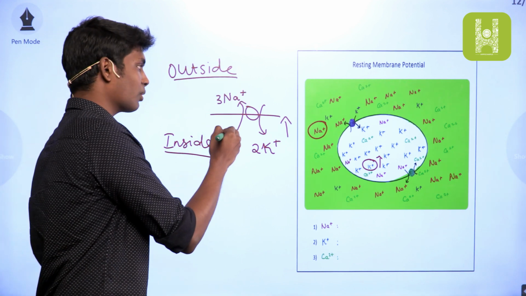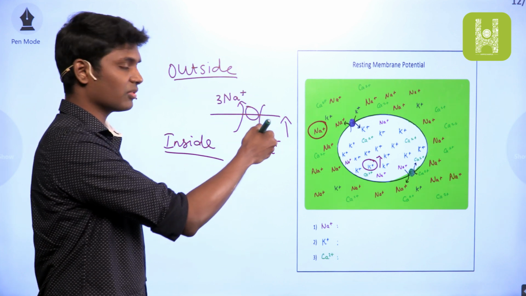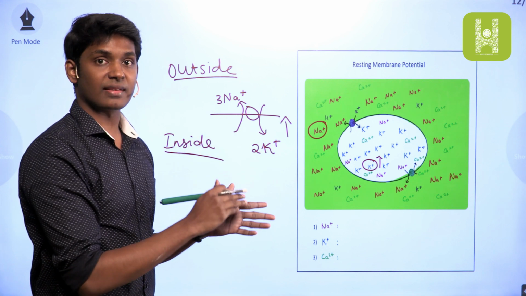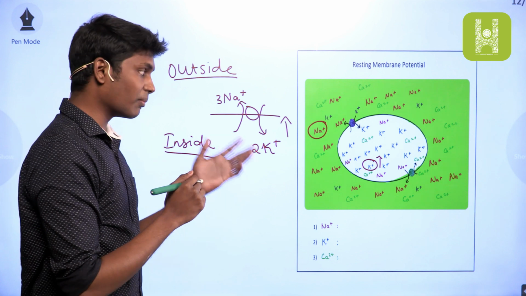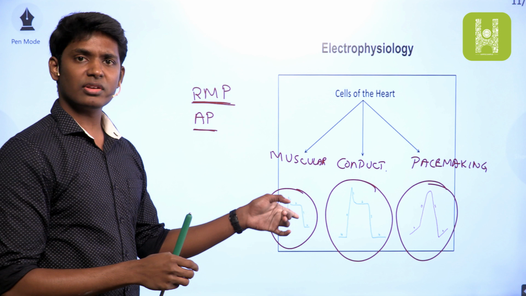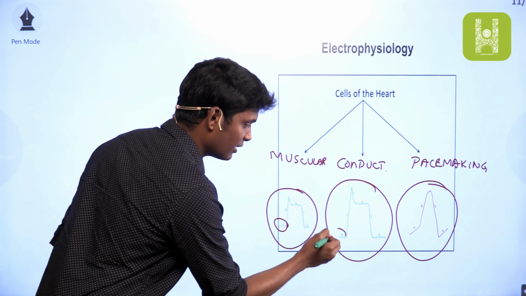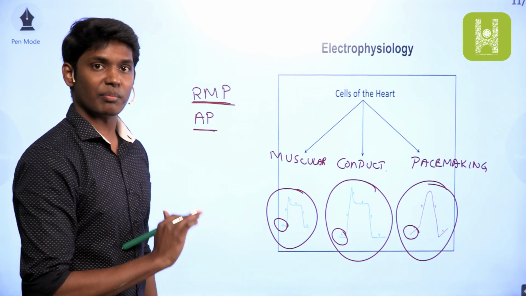So as more positive charges are lost outside and only fewer positive charges come inside, the inside of the cell actually has a negative potential, so the resting membrane potential of the normal cell is usually in a negative range. So coming back to this particular diagram, this baseline in each of them is actually the resting membrane potential.